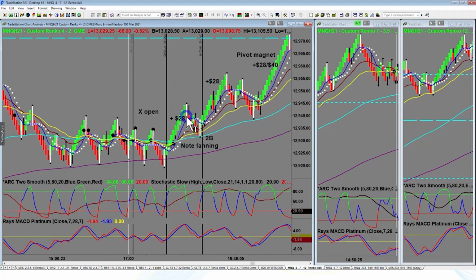Okay, so there are your 3 moves, and you could have maximized that, and I'll explain that in a moment, where you could have got in excess of $40 on that move. So there is your $75 to near $100 in the first hour or two of trading, and this is just Friday. This is a typical day.